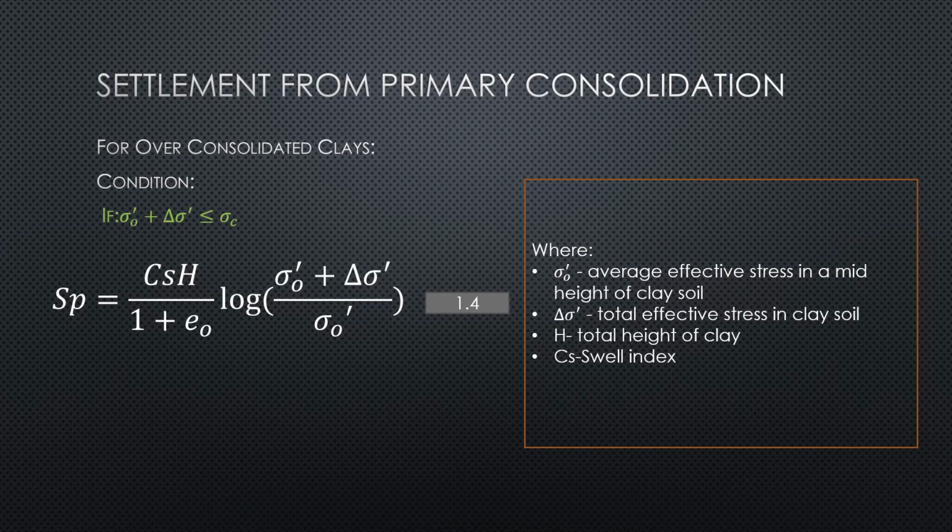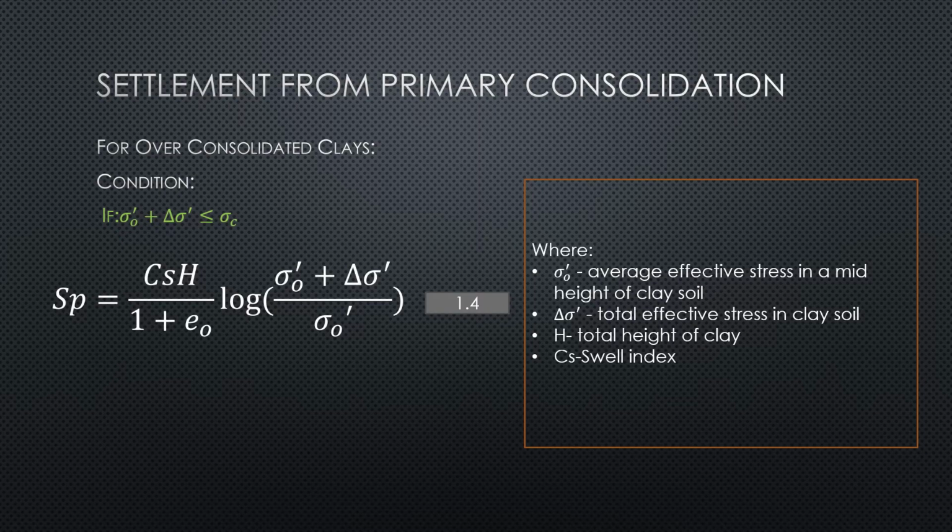For over-consolidated clay, there are two conditions. The first will be the average effective stress in the mid-height of the clay soil plus the total effective stress in the clay soil is less than or equal to the pre-consolidation stress. Before we proceed to our formula, I must first discuss the symbols and variables that we're going to use. Sigma prime o will be the average effective stress in the mid-height of the clay. Remember that?